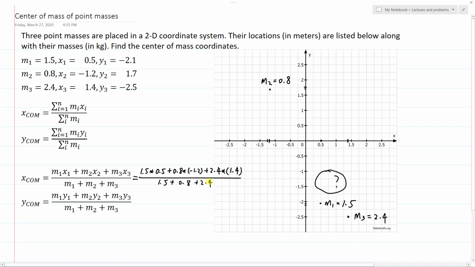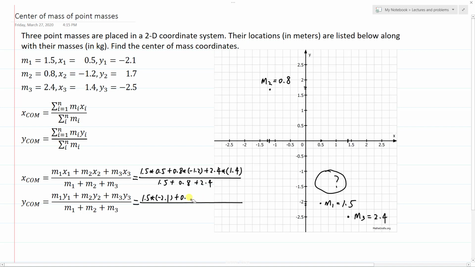Alright, so for the y center of mass, we'll do the same thing. Let's draw this fraction out, roughly this long. Alright, so let's make sure we have the corresponding y coordinates. So y1 is minus 2.1, and m2, this coordinate is 1.7.